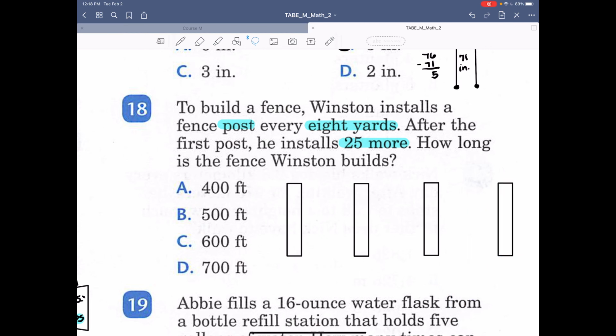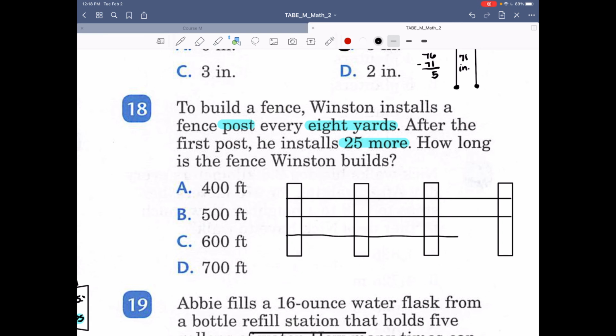But there are the fence posts, and then Winston is going to come over here and put fencing on those posts to keep his cattle in or whatever he's fencing in.